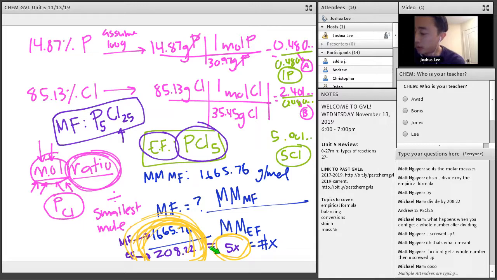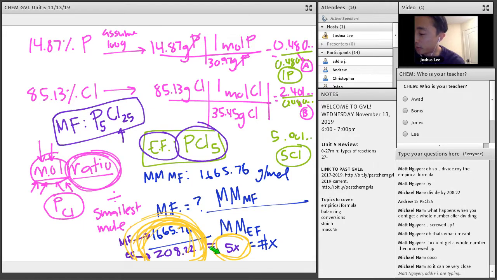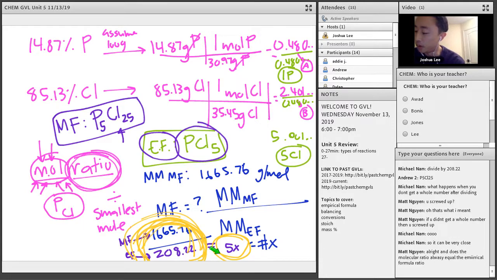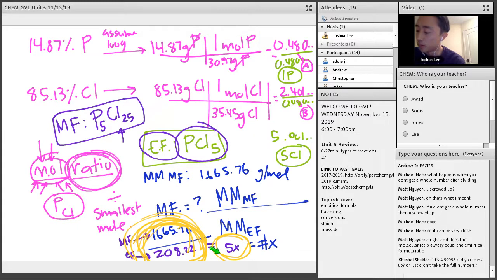Let's see. Let's try to make this formula so it's like this. That means the mole ratio 2, 1. Two.